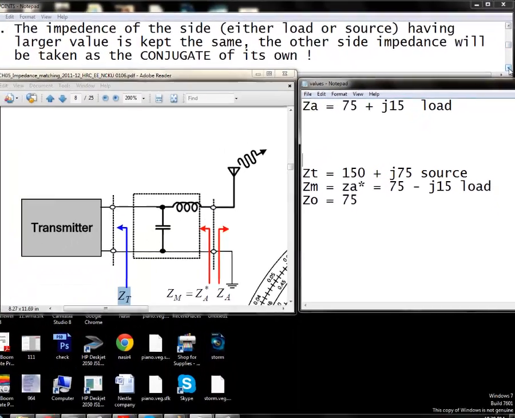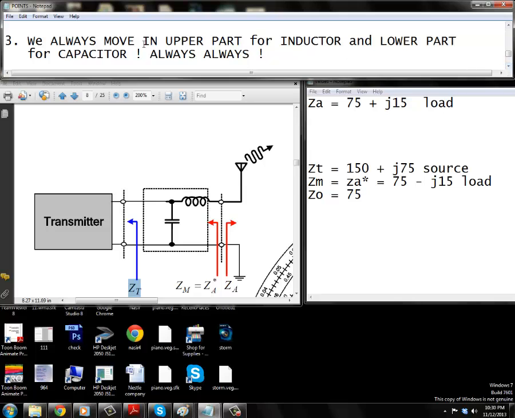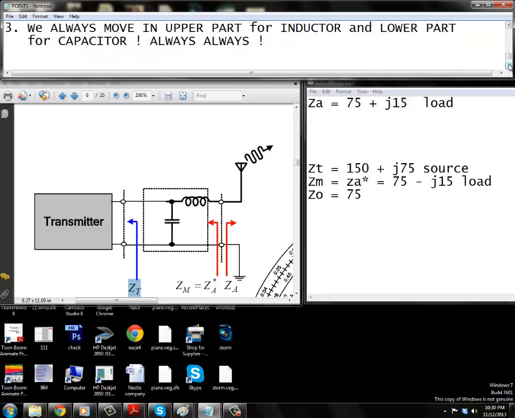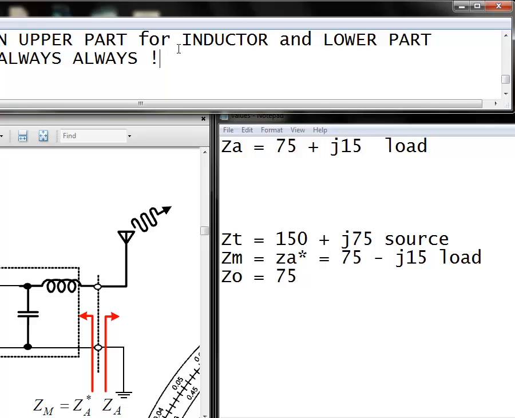What is our third point? We always move in the upper part for an inductor and the lower part for a capacitor. This is a very basic point, but it should be kept in mind that for an inductor we always move in the upper plane, and for a capacitor we always move in the downward plane of our Smith chart. Let's move on to our Smith chart.